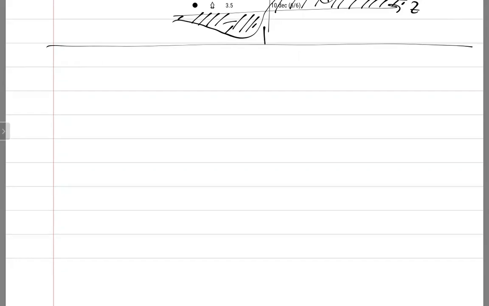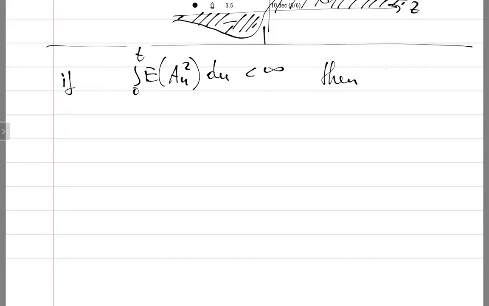But provided the integral exists, provided that the expected value of the integral from 0 to t of a_u squared du is a constant, then the integral from 0 to t of a_u dW_u is a martingale. So there is a technical condition.